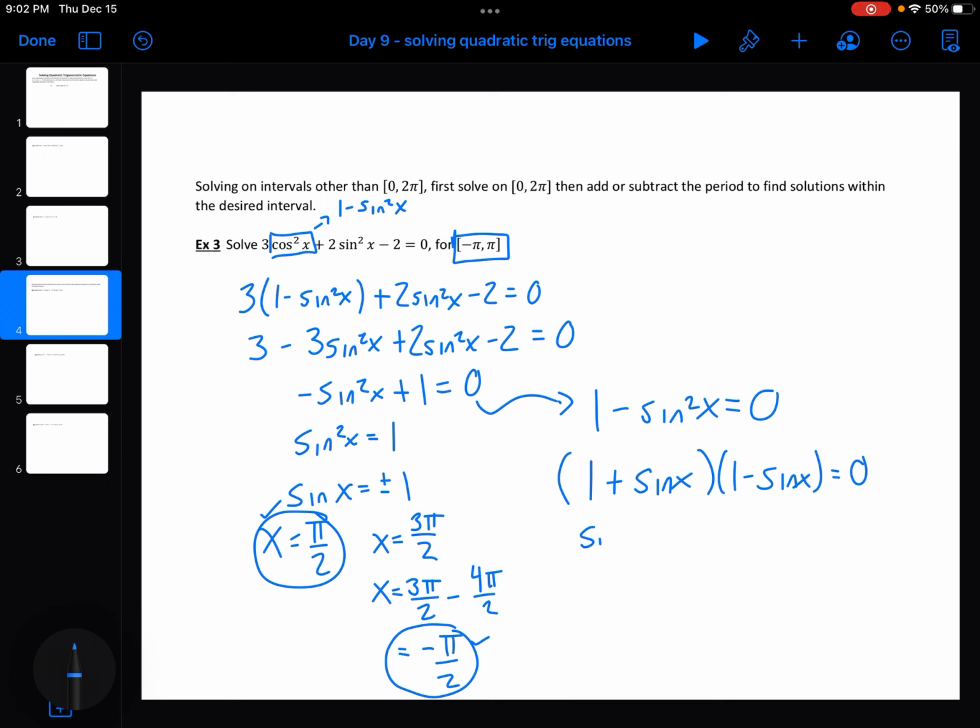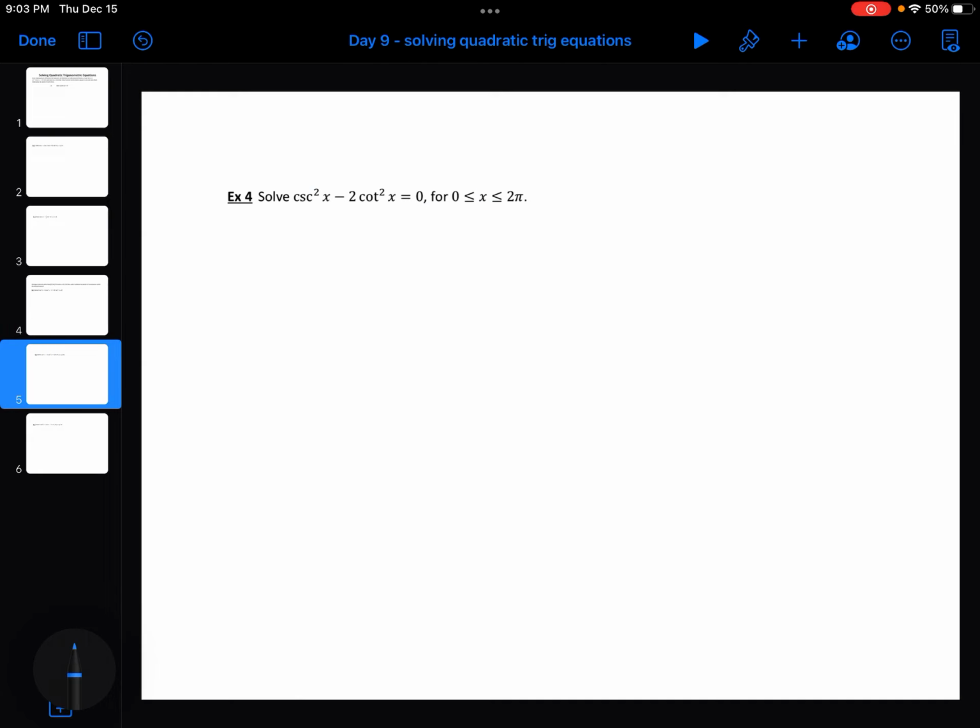This is going to say sine x equals negative 1, sine x equals 1. And that's going to give me the same solutions that we had over here that we'd worked through, our positive 1 over here and our negative 1 over here. Okay? Moving on.